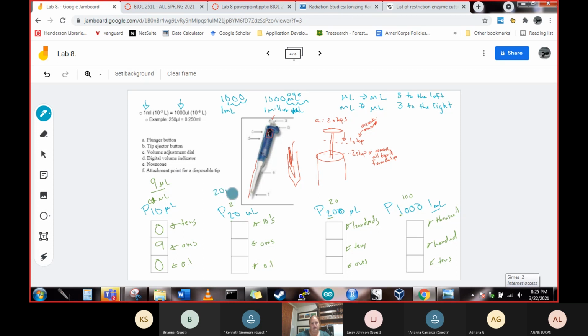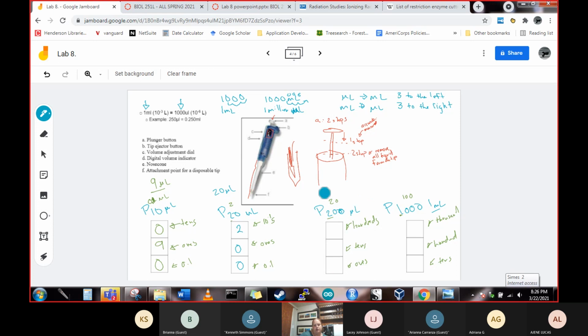Our tens, we would have 2, because it would be for 20, so you'd have 2 tens. You'd have 0 ones, and 0 0.1s. So your P20 for 20 microliters would say 200. You might think that looks like 200, but it's actually 20, because your top is your tens.